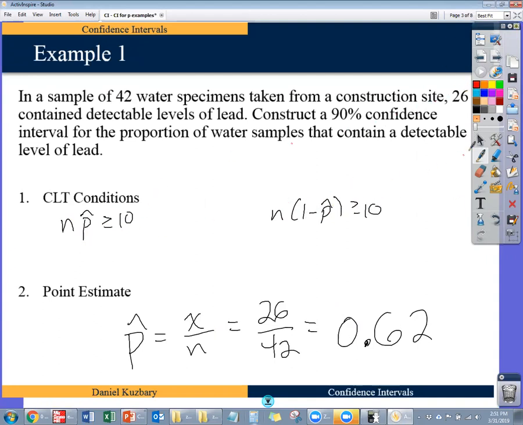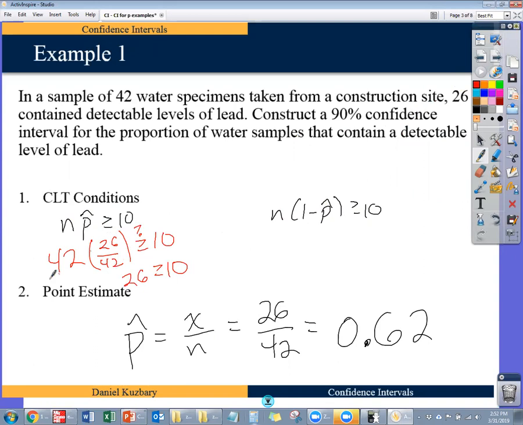So n is equal to 42, p hat is equal to 26 over 42. This is going to work out okay because our sample is big. So this is going to be 26, which is bigger than 10.